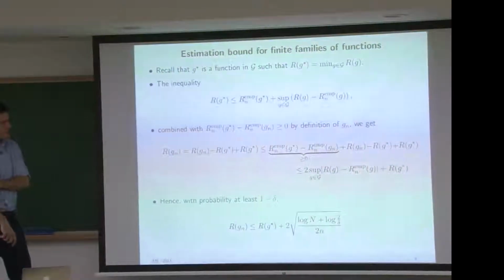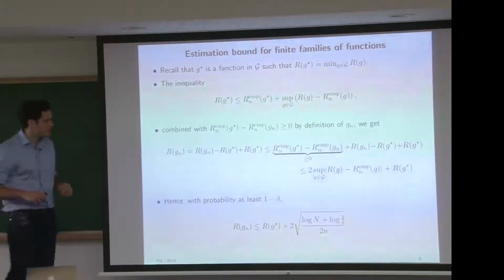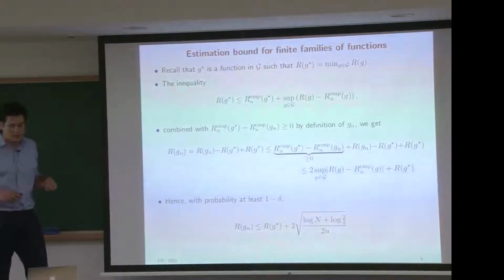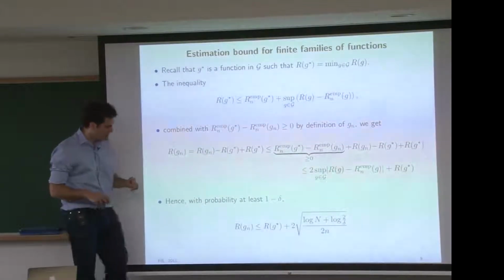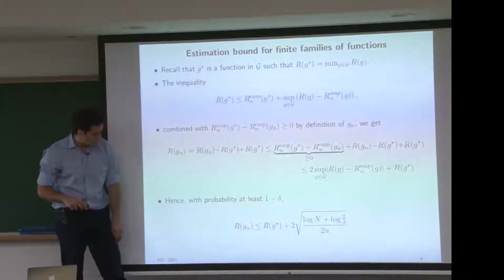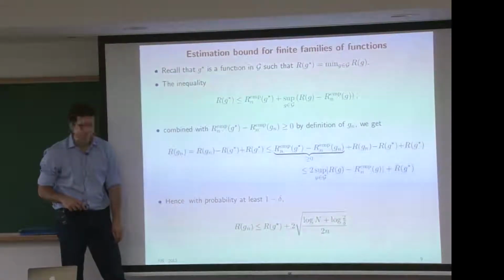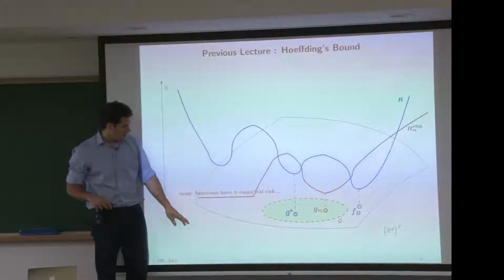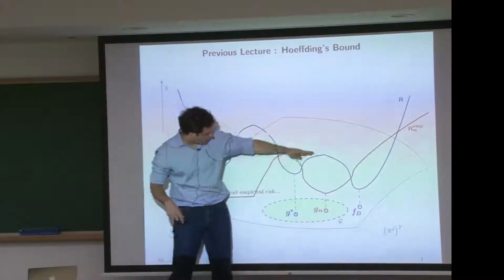So we discussed last time, but I'll just go very quickly, that using these techniques, we can very easily obtain another type of bound, which is a bound on the true risk of Gn with respect to the best possible risk in the function class. So remember that we're also interested in this bound.